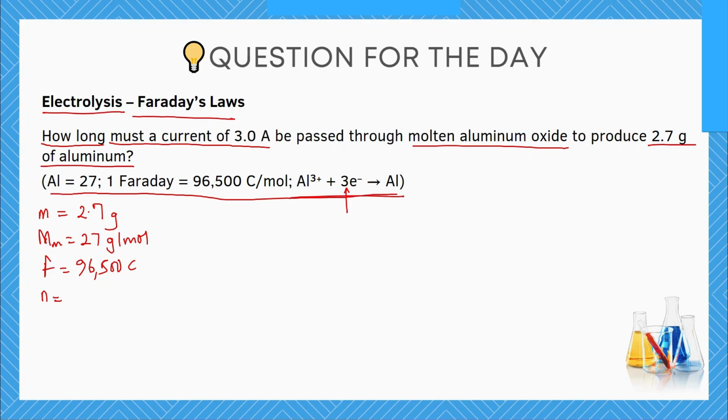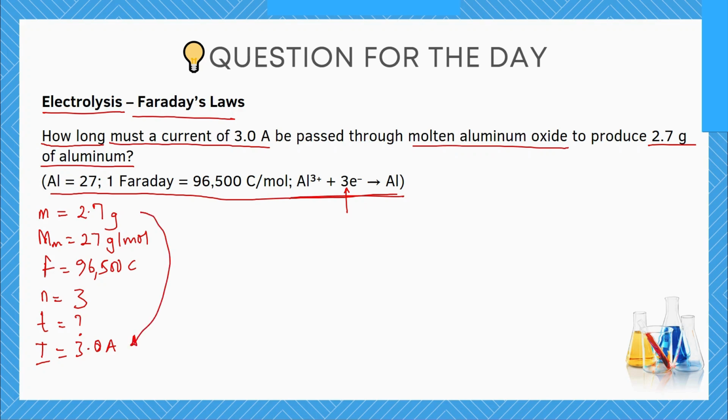Number of moles of electrons used was 3. Time is what they asked us to look for because it is unknown, and then the current passed is 3.0 amperes.